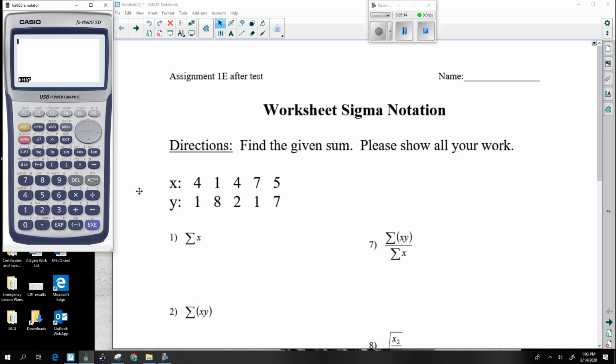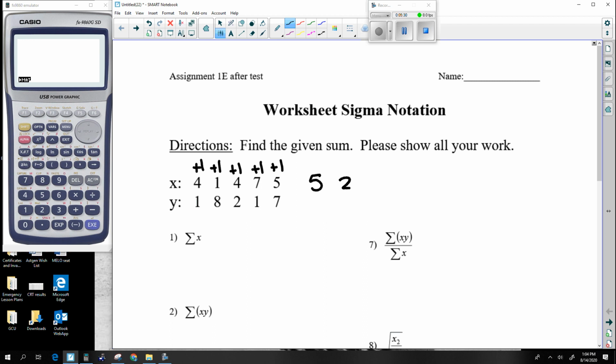Now, what your calculator allows you to do is arithmetic on this list. Say I wanted to add 1 to all of the numbers of x, which would give me 5, 2, 5, 8, and 6. Let's say I just wanted to do that for some weird reason. Well, that's fine. All you want to do is take your x, which is list 1, and then add 1 to all of those numbers.